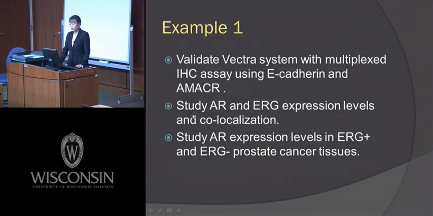We also studied AR and ERG expression levels and co-localization. AR is androgen receptor, and ERG is ETS-related gene, which is a known prostate cancer marker. We also studied AR expression levels in ERG positive and negative prostate cancer tissues, because in general, in the prostate cancer field, ERG is expressed in about 50% of prostate cancer patients.